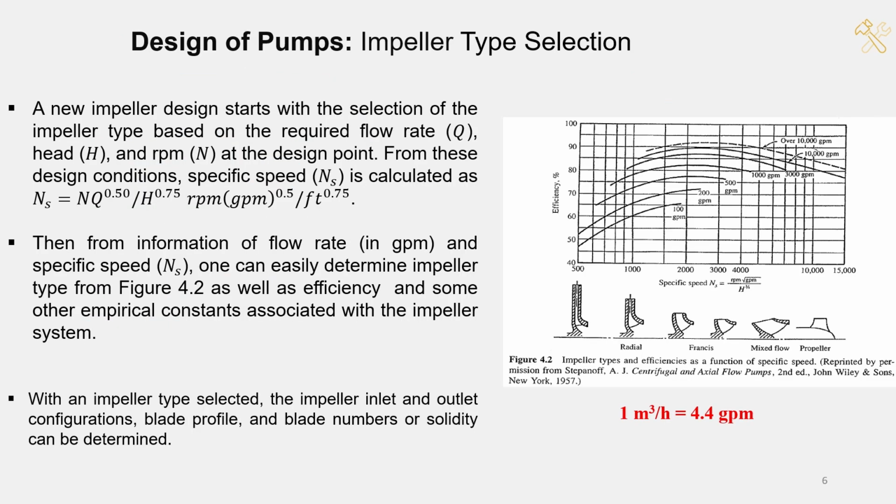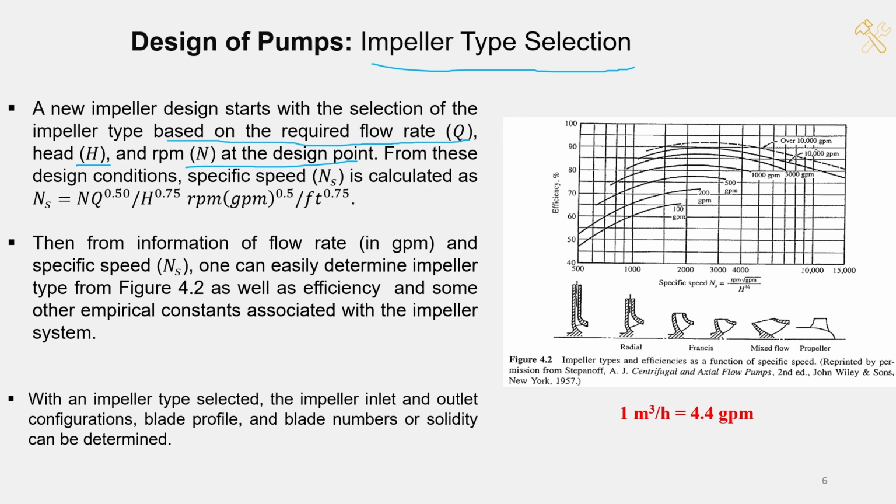So now we'll go over selecting the impeller type. What is the very first step to design a pump? You will select the impeller, but the selection will be based on the required flow rate, head, and rotating speed, the design point.